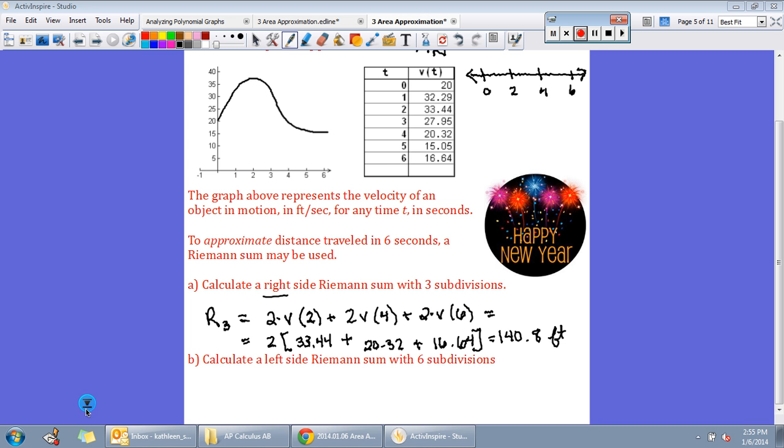When you go to do a left side Riemann sum, it's the same idea, but you have to look at the left side. So with 6 subdivisions, we have an interval from 0 to 6, and our delta x is going to be 6 minus 0 over 6, which is just 1. So we're going to have 1, 2, 3, 4, 5.